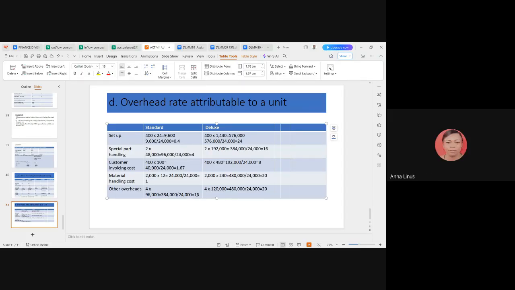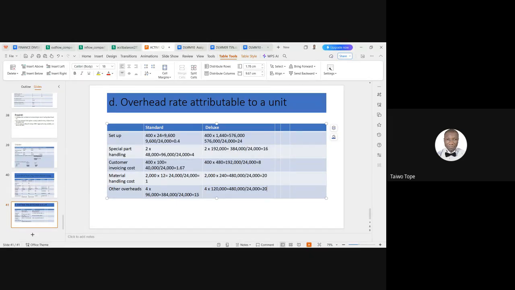So these are the overhead rates attributable to a unit. I can say this is a standard cost card for 1 unit. When you talk about a standard cost card, it shows the cost to produce a unit of a product.